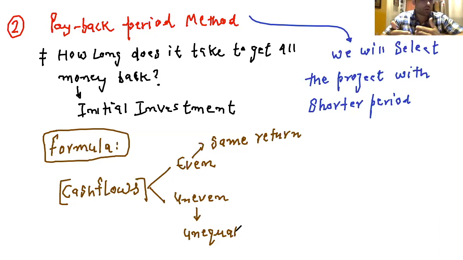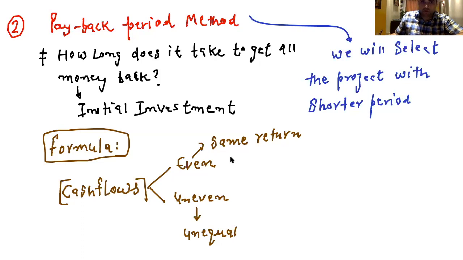As per the contract, whether it's 1 year or 2 years, in this period we're going to have a fixed return. So that is also an example of even cash flow. That's why we're not only going to focus on the uneven cash flow payback period. We're also going to focus on the even cash flow payback period, right?